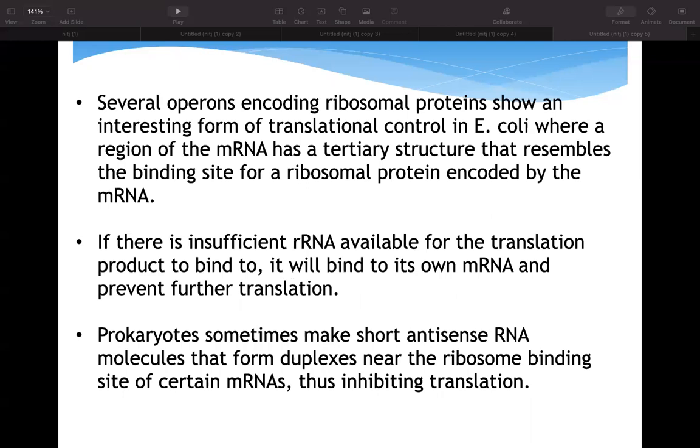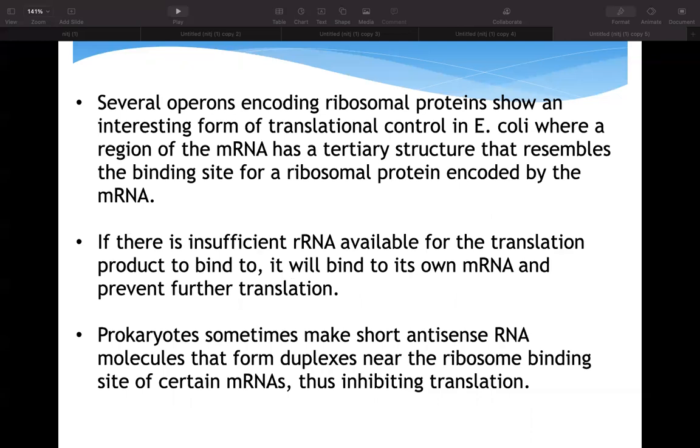An interesting form of translational control is seen in several operons encoding ribosomal proteins, like in E. coli, where the mRNA has a tertiary structure that resembles the binding site for the ribosomal protein, which is encoded in that mRNA.